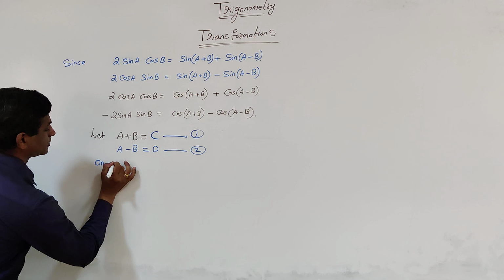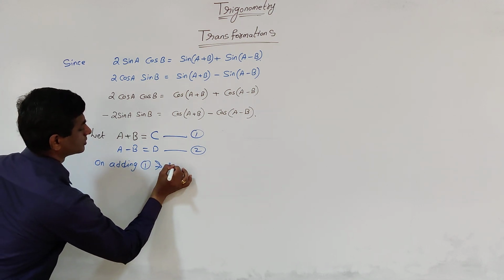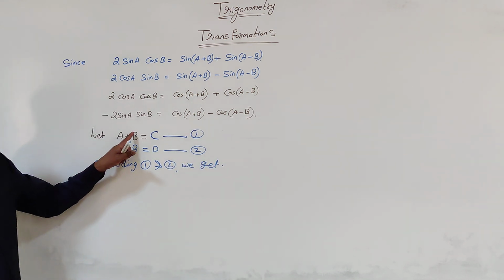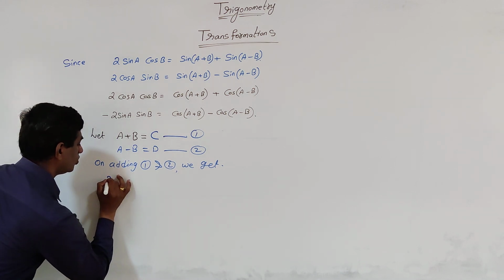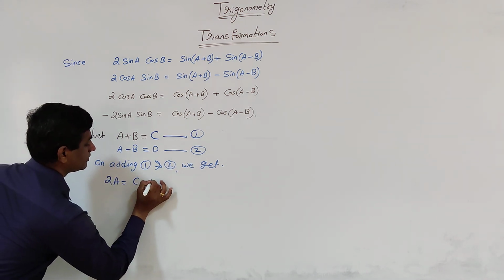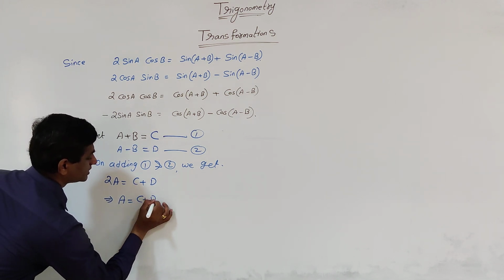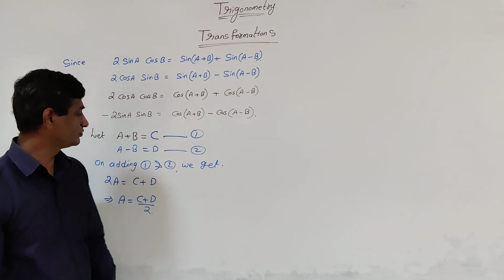On adding 1 and 2, B and minus B get cancelled, A plus A gets 2A. 2A is equal to C plus D, which implies A is C plus D by 2.